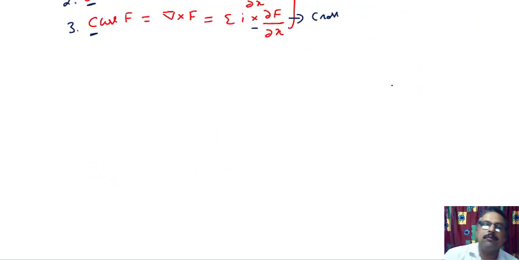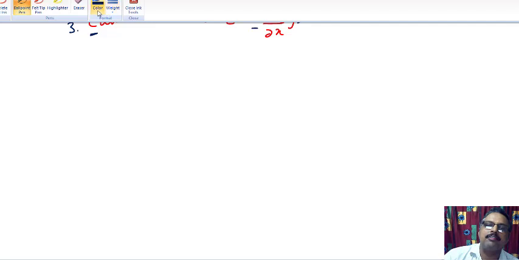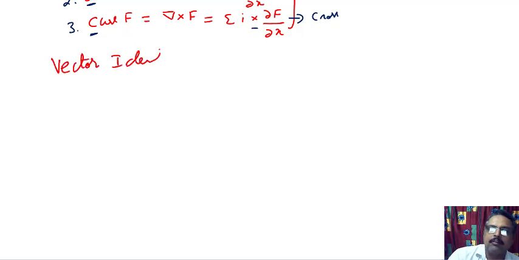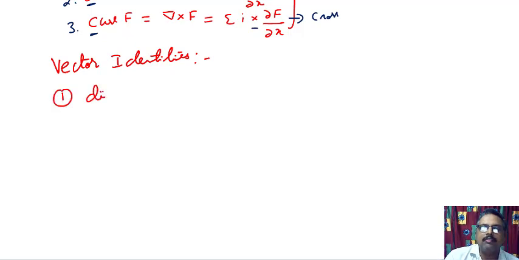Now coming to the important concept, vector identities. First I will write the first identity. Vector identities. First one, what is the divergence of phi A? We will discuss later.